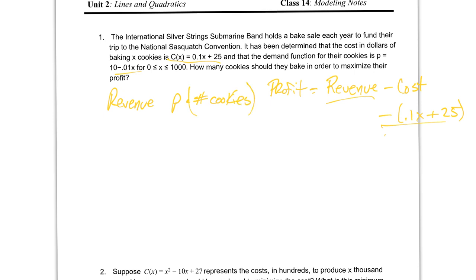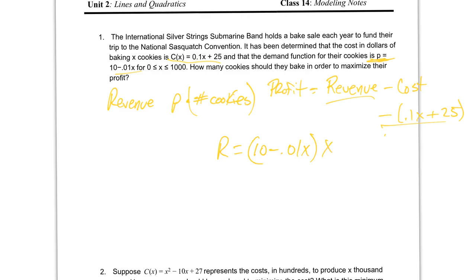So we are going to take our P function here and multiply that by x. So revenue is equal to 10 minus 0.01x times x.